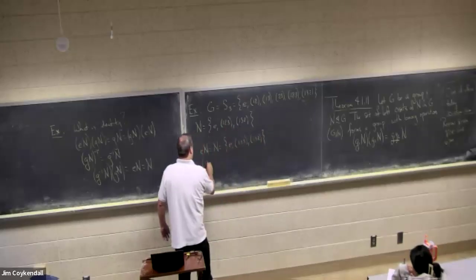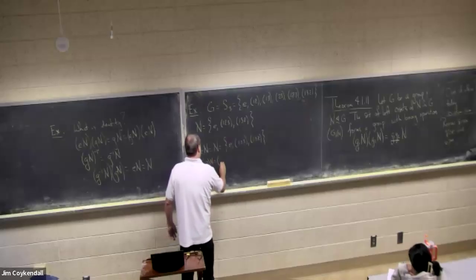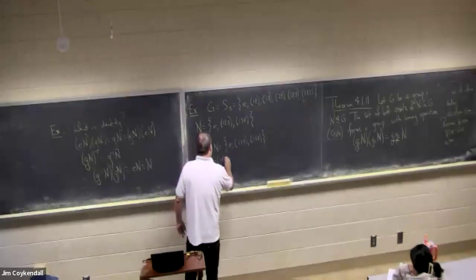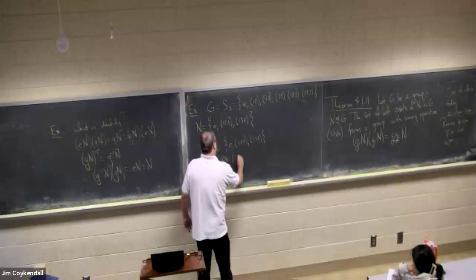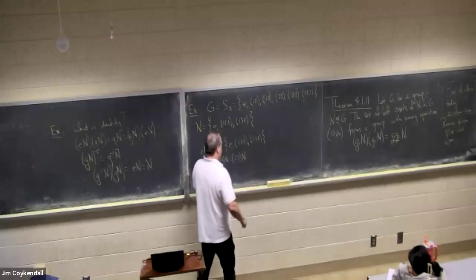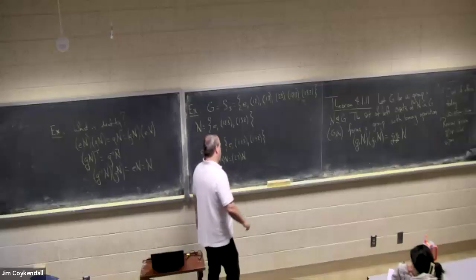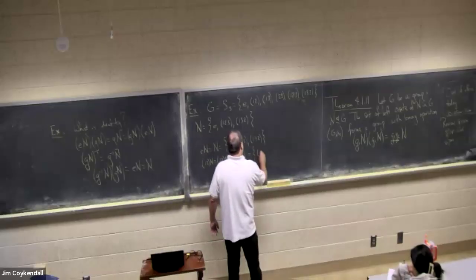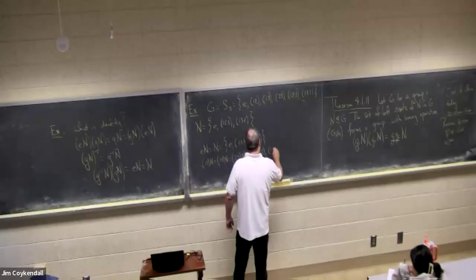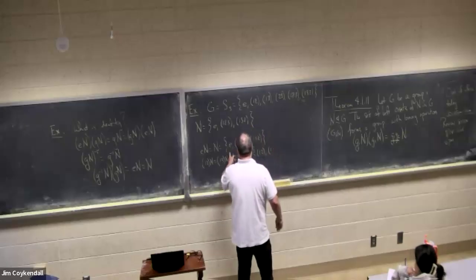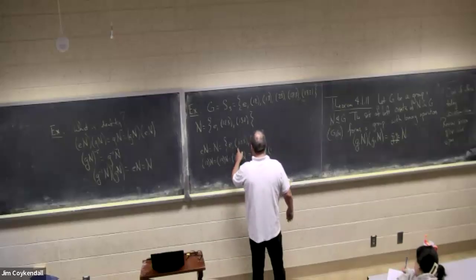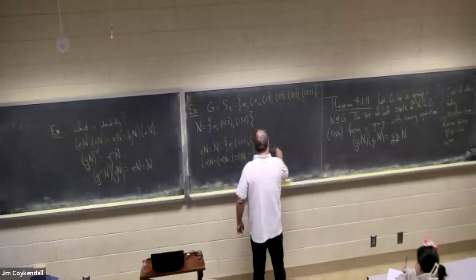Actually, it doesn't matter. These are all the same coset, and it's the one consisting of all elements of order 2. Let me just write the one that goes to this.